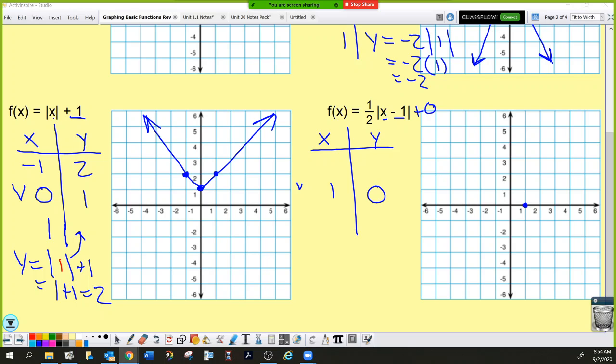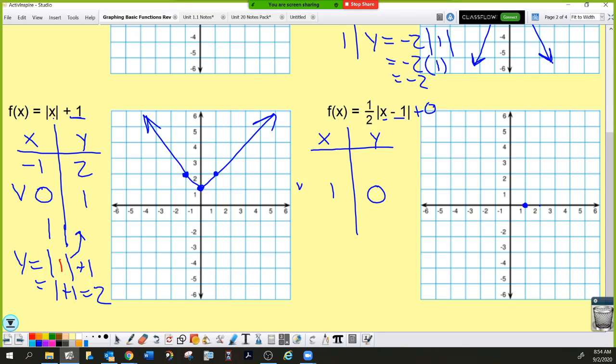Anyway, I don't like to plot decimals, and that fraction on the front could create decimals. So I need to be careful about what number I plug in. For example, if I just scoot 1 to the right, like I've done in the other 3 examples, the number to the right is a 2.